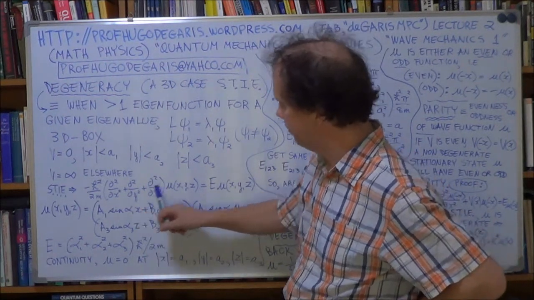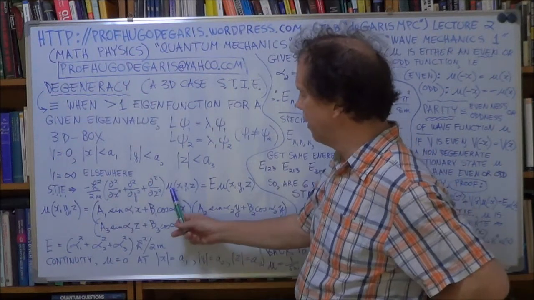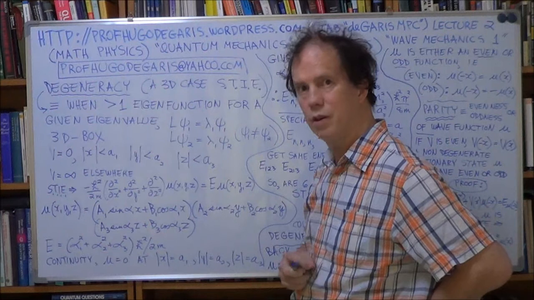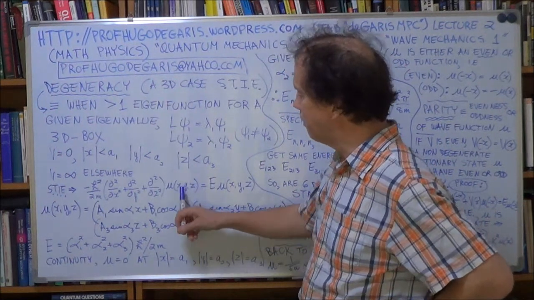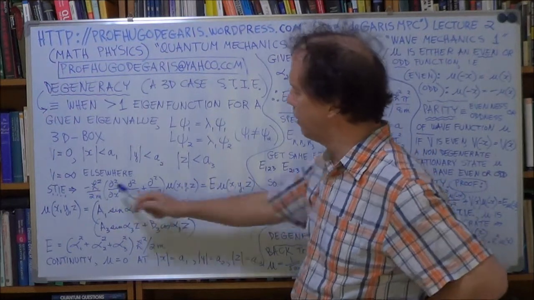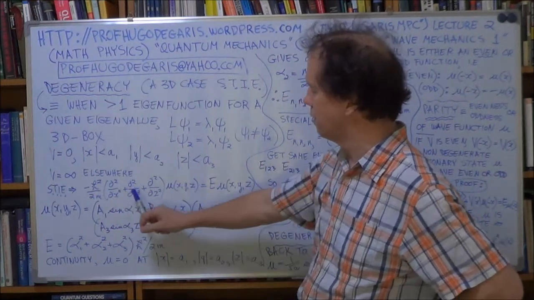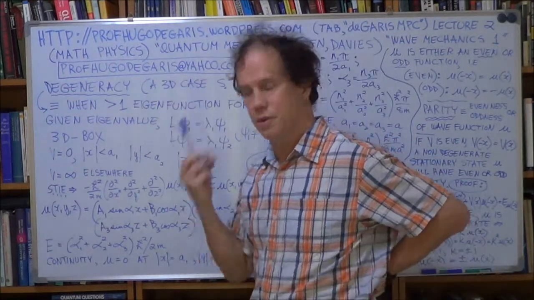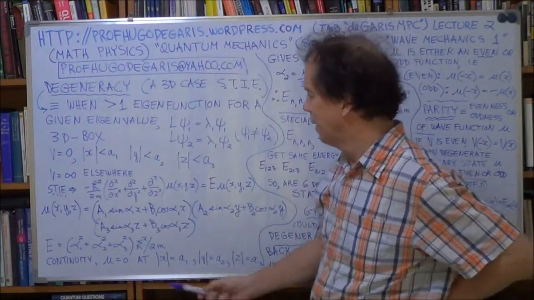So you've got this form, and your wave function u is no longer a simple function of x alone. It's now a function of three spatial parameters, x, y, and z. Okay, but it looks familiar. It's sort of what you're used to, except for these two extra terms, and u is now a function of three variables instead of one.